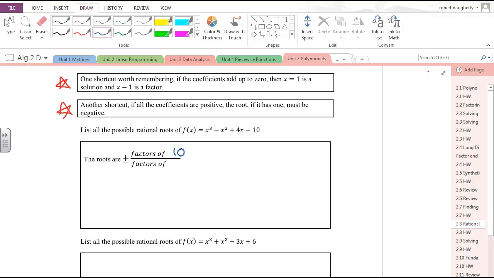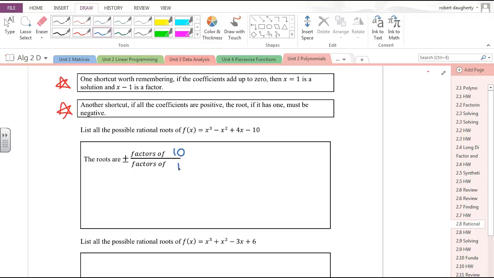So, if it has rational roots, it's going to be in the form plus or minus, well, because I've got a plus or minus in front of it, plus or minus negative 10 is the same as plus or minus 10. So I dropped the negatives. So it's going to be plus or minus the factors of 10. What's the leading coefficient? 1. So plus or minus the factors of 10 divided by the factors of 1. Okay?